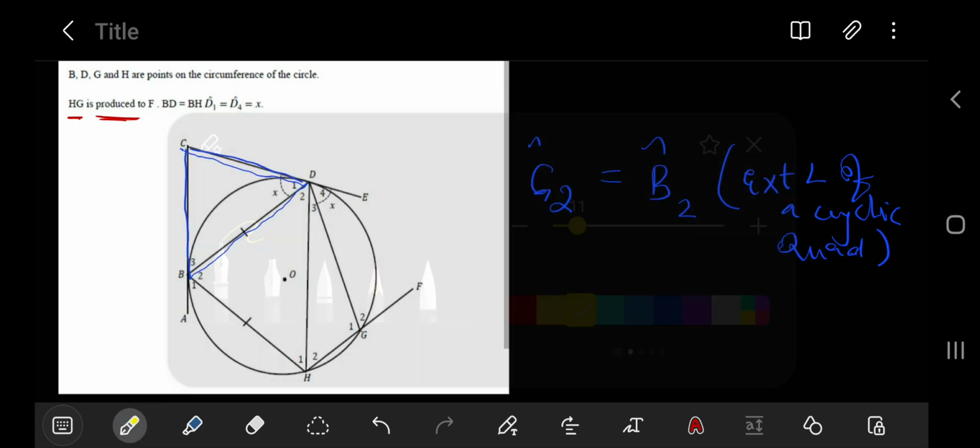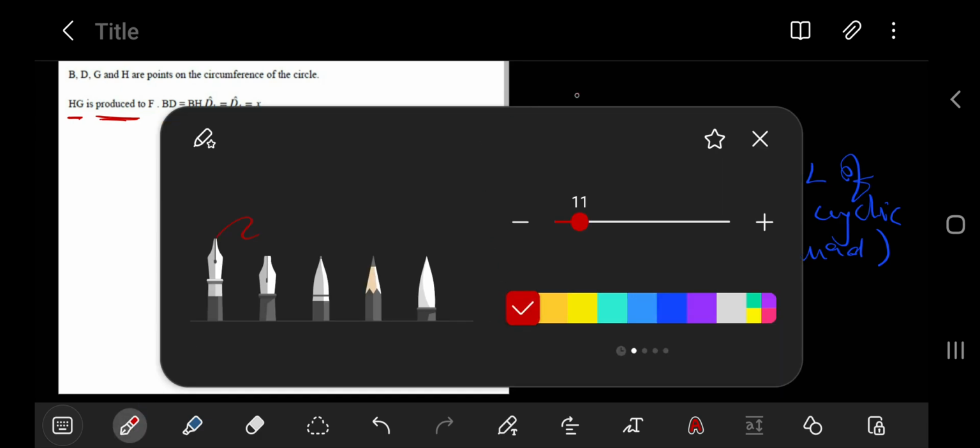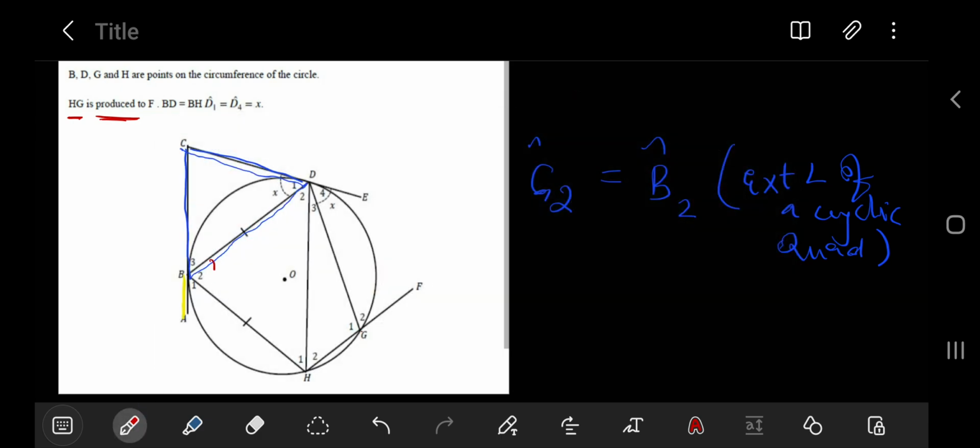So you can see that BA is produced from CP, right? So this is a continuation. All right, so it means our exterior angle would be that angle between the line that has been continued, right? And this angle, which is B1 plus B2, right? It must be equal to that angle C plus that angle D, right?